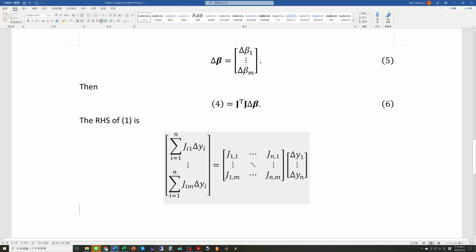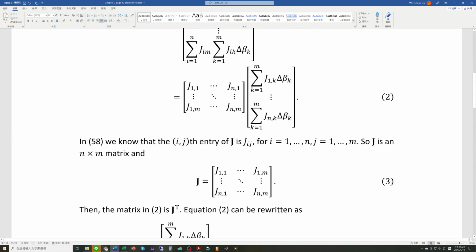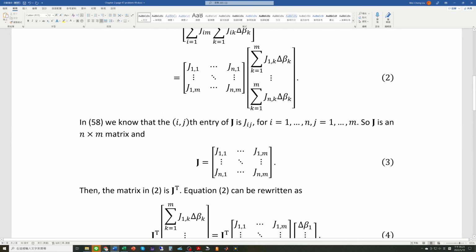And observing this matrix, we find that J_11 to J_n1 and J_1m to J_nm. Actually, we have seen this matrix earlier. So this matrix is just this matrix.